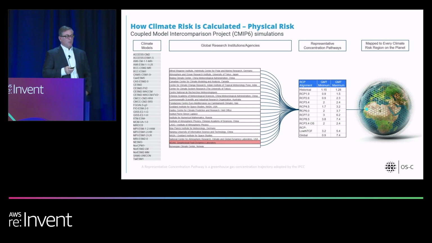So more simply put, we take NOAA open source data, we downscale it, we map it to the entire world, and then we align it with these RCPs, which is what the socioeconomic groups are doing, which is basically a global mean temperature range. Then we map it to every corner of the planet.